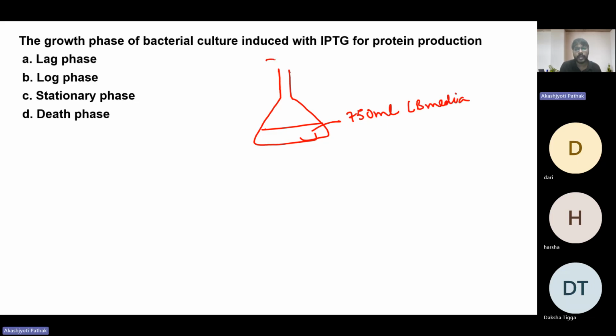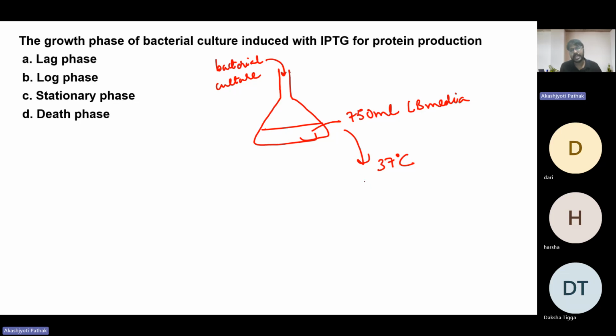Now you have inoculated this with your bacterial culture, and you have poured this bacterial culture into the 750 ml LB media. Now, this culture is incubated at 37 degrees Celsius, and your bacteria is first allowed to grow.